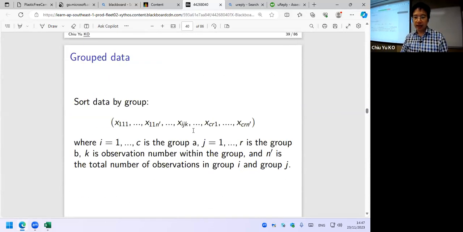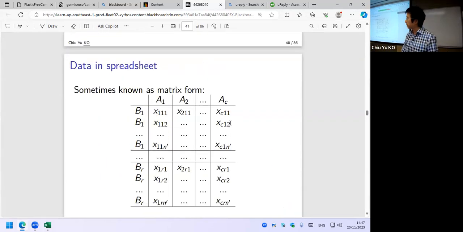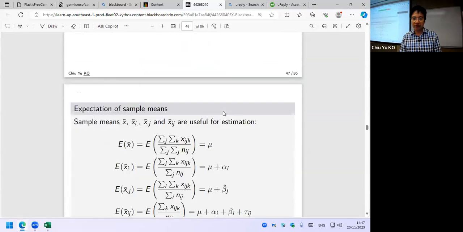The data looks like this: A is the group of female or male, B is age group, so you can nicely put it there. I'm not going to bother you with the notation or the math.